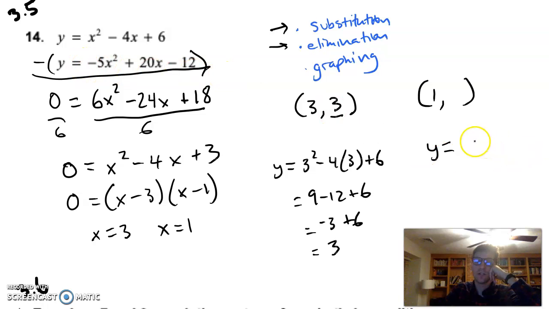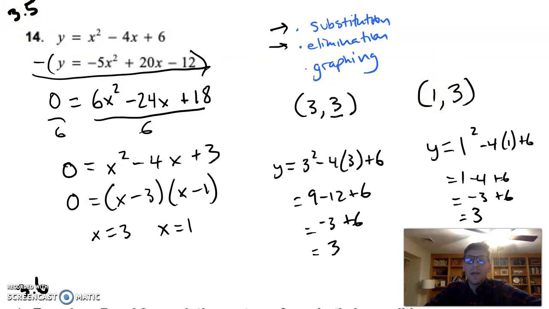Yes, I could, because either one should give me the same thing, because we found that this is the point at which they meet. So 1 squared minus 4 times 1 plus 6 would be 1 minus 4 plus 6, which is negative 3 plus 6, which is 3. Interesting.